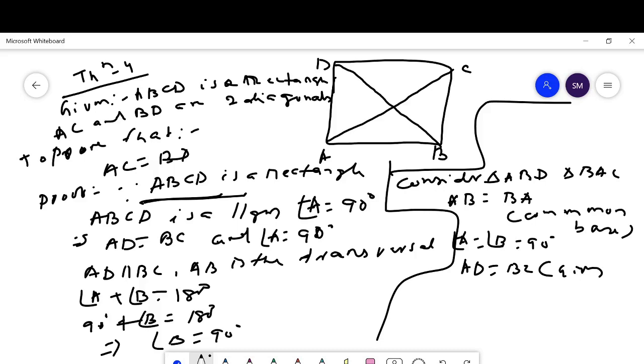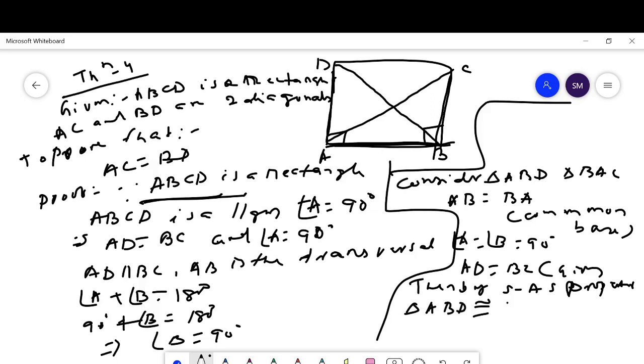AD is equal to BC, then by the SAS property, side angle side property, triangle ABD is congruent with the triangle BAC.